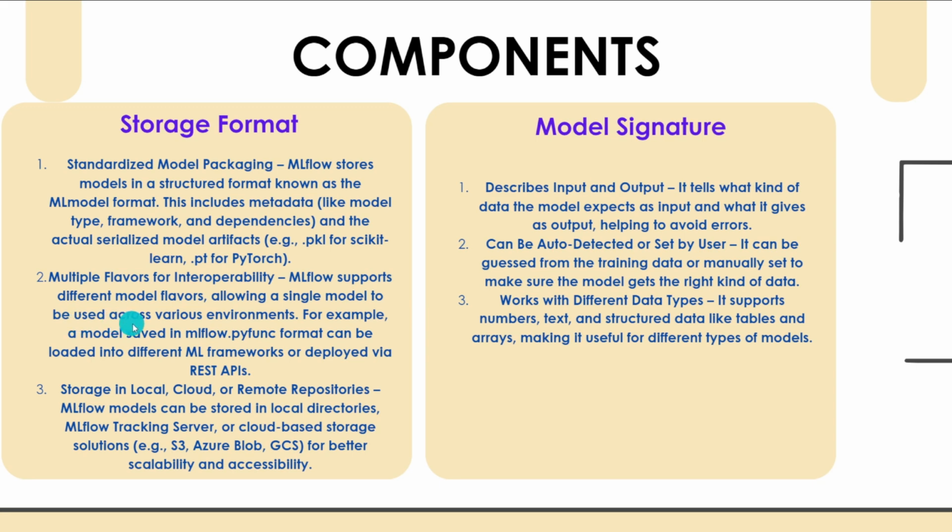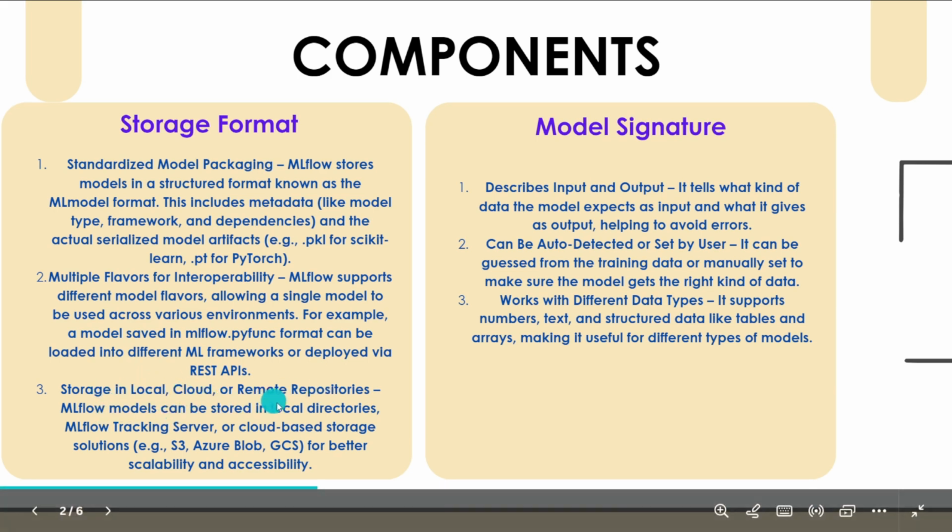For example, a model saved in mlflow.pyfunc format can be loaded into different ML frameworks or deployed via REST APIs. The next is storage in local, cloud, or remote repositories. MLflow models can be stored in local directories, the MLflow tracking server, or cloud-based storage such as an S3 bucket in AWS, Azure Blob in Azure, or GCS in GCP for better scalability and accessibility.